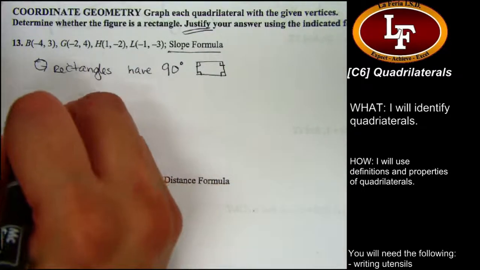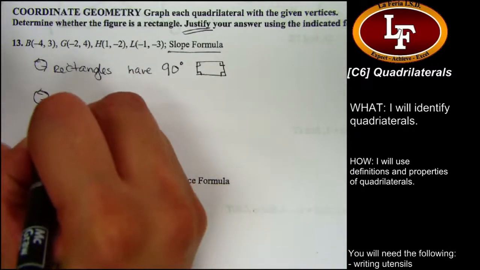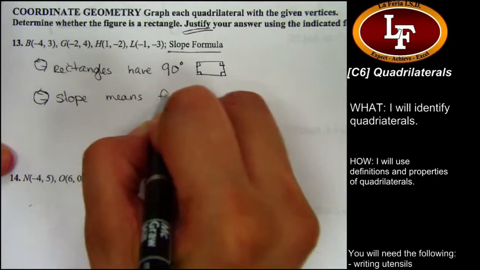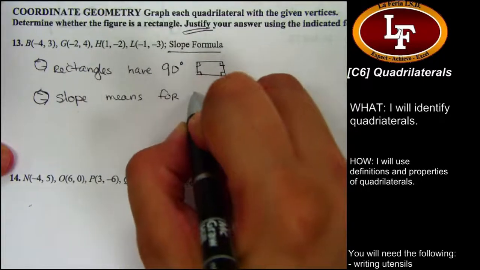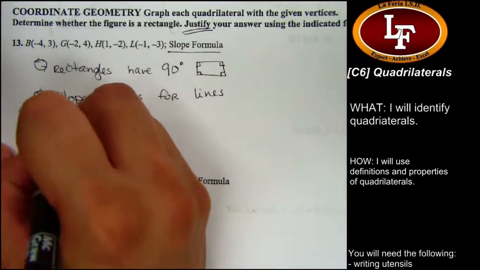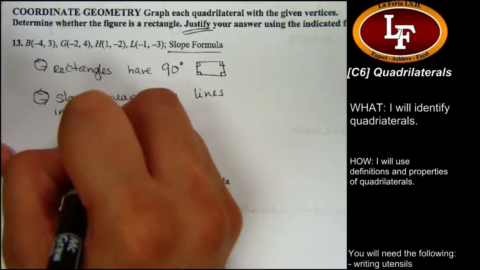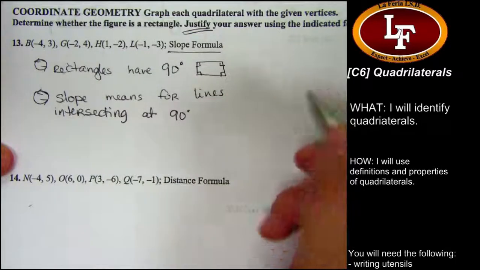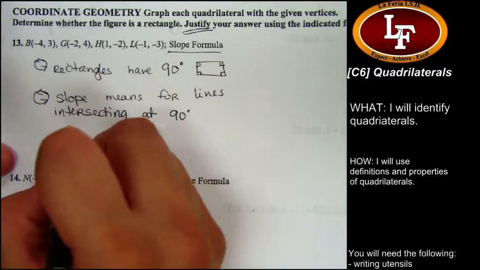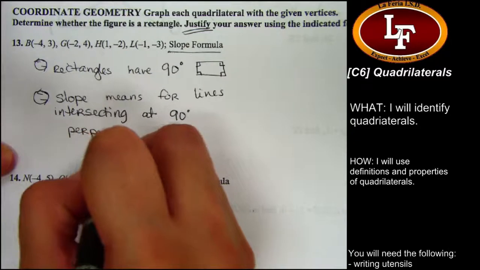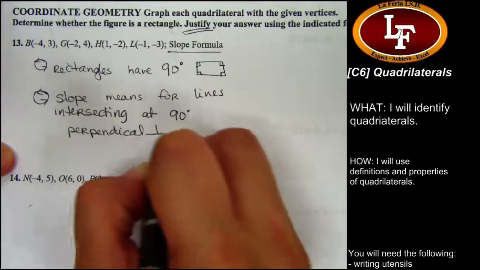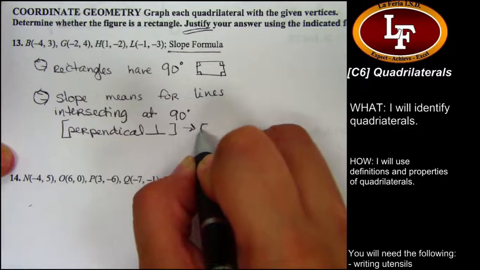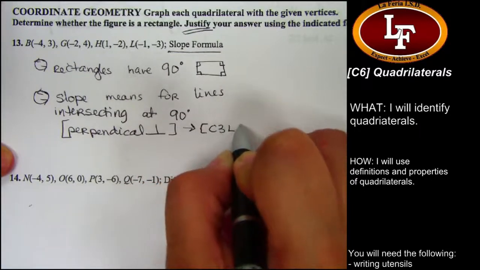The next thing to recall is what slope means for lines intersecting at 90 degrees. When they're intersecting at 90 degrees, we call that perpendicular, and so you need to go back to look at slopes of lines, particularly of perpendicular lines, and you can find more information on that in Chapter 3, Lesson 3.